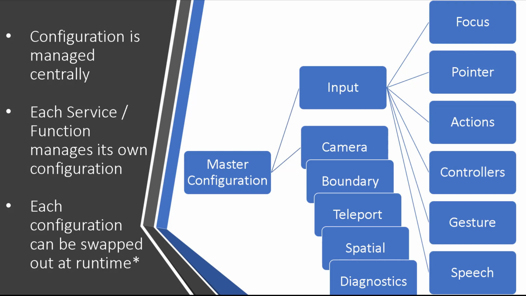So say you've got configuration for controllers for when you're walking down the street and the person suddenly wants to jump into a car, and you want to use a completely different set of controls while you're driving. Easy, just swap it out. There's no messing about, having to twist options or disable this component and enable that component. Just swap the config. The input system and everything else will react to this new configuration change and start working that way.